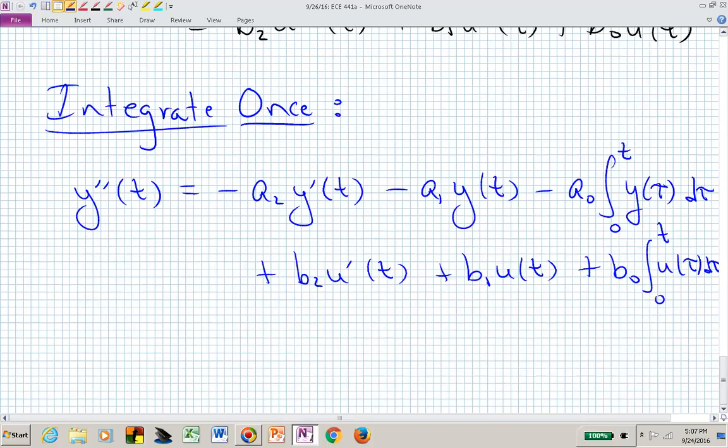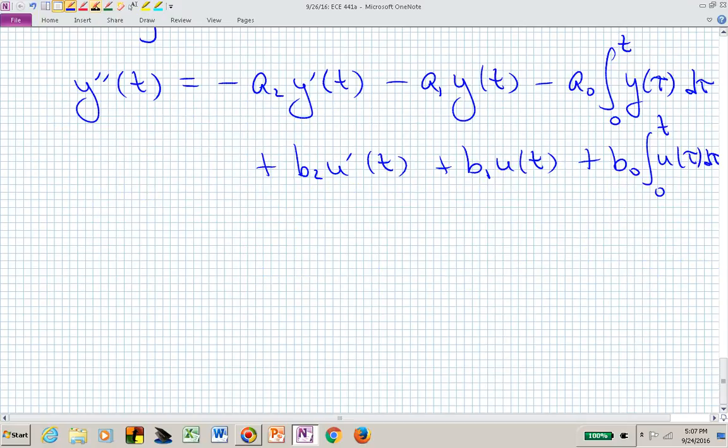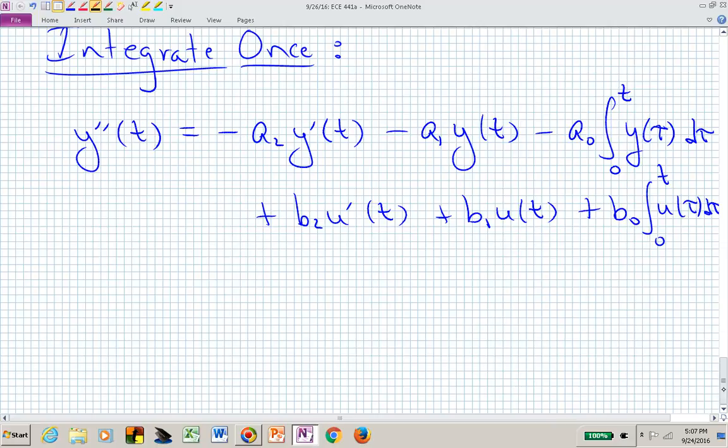And what I really want to do is combine that integral so that I don't have to worry about having two different integrators in my block diagram. I'm integrating both y and u with one integration.